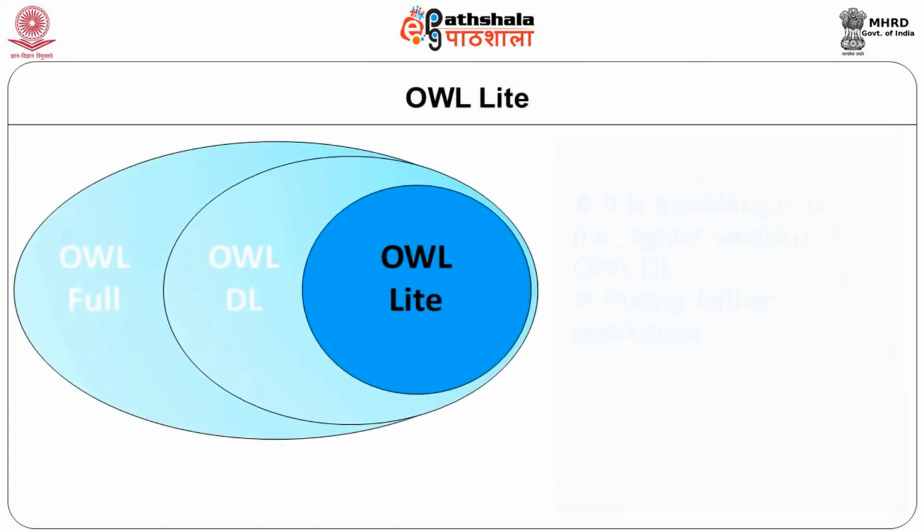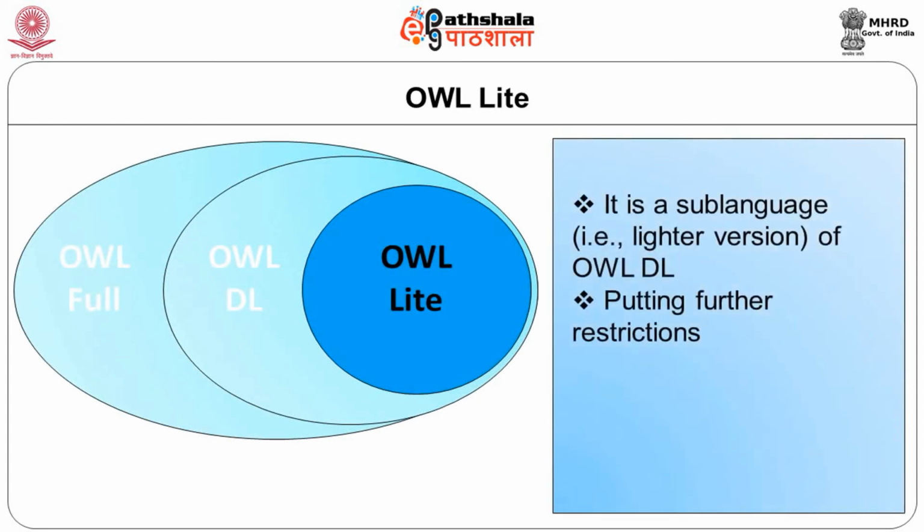OWL Lite is a further sub-language, a subset of OWL DL. That means it is a much smaller vocabulary than OWL DL and OWL Full. Putting further restrictions limits OWL DL to a subset of the OWL language constructors. OWL Lite excludes many things like enumerated classes, disjointness and arbitrary cardinality. So again you cannot express disjointness, like we had that problem in RDFS.